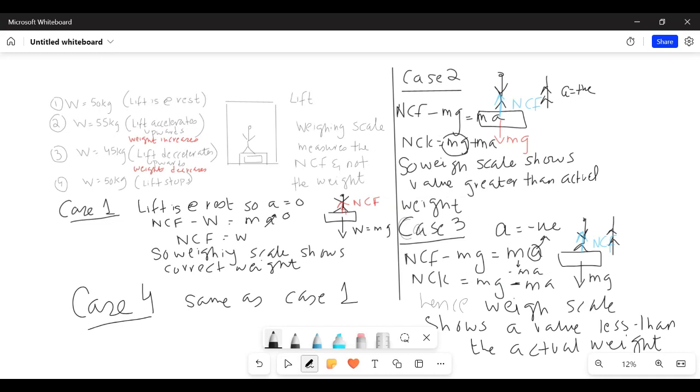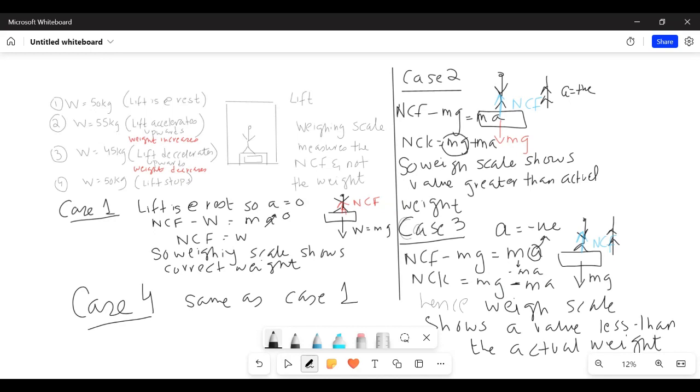So this is the theory behind why a weighing scale shows different values when the lift moves upwards. Because the weighing scale actually measures the normal contact force and not the weight. And the normal contact force changes in every case.